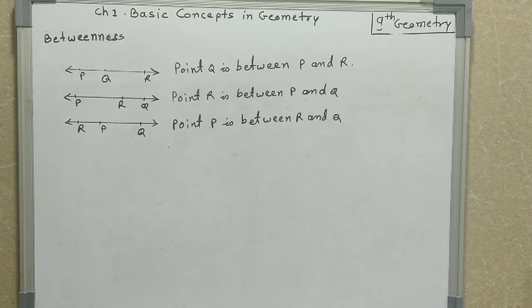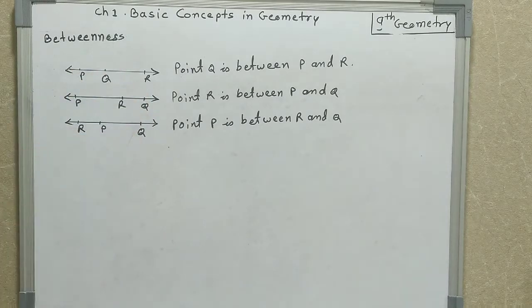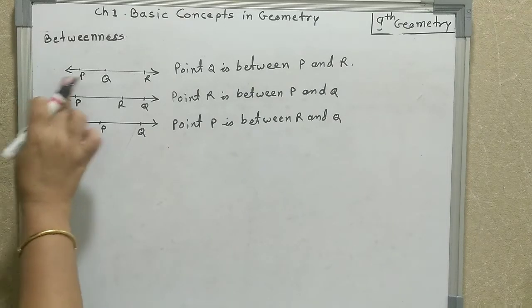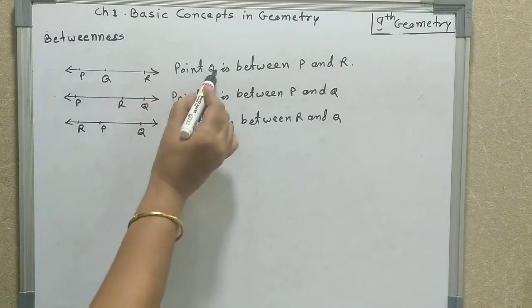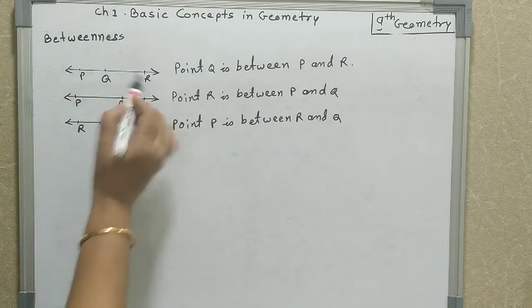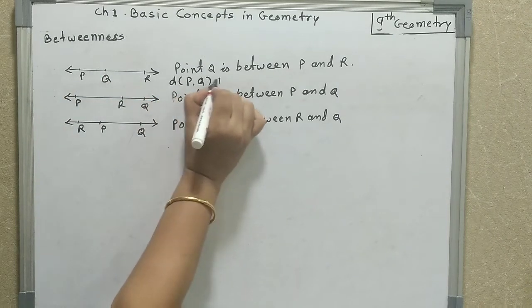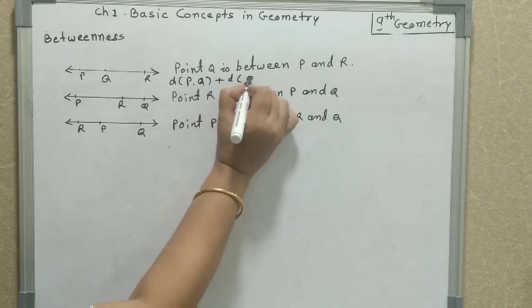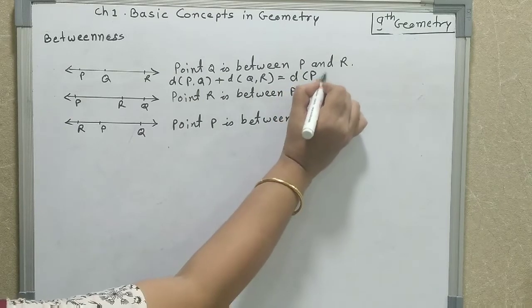Now we see the next part of this chapter, that is betweenness. If P, Q, R are three distinct collinear points, there are three possibilities. See the first one: points P, Q, R plotted on this line. Point Q is between P and R. Therefore the distance PQ plus distance QR is equal to distance PR.